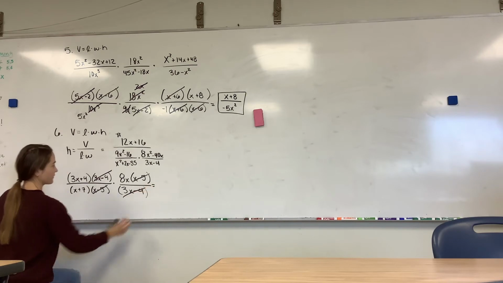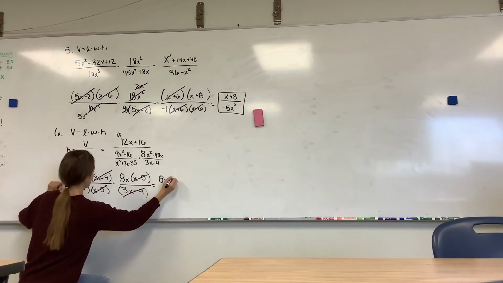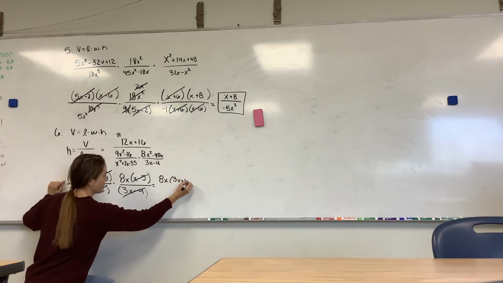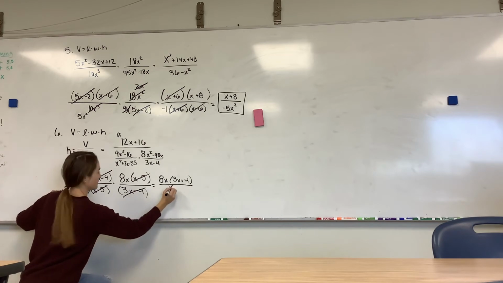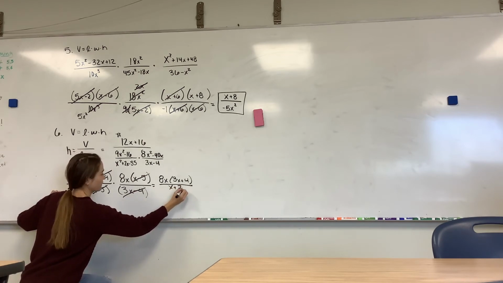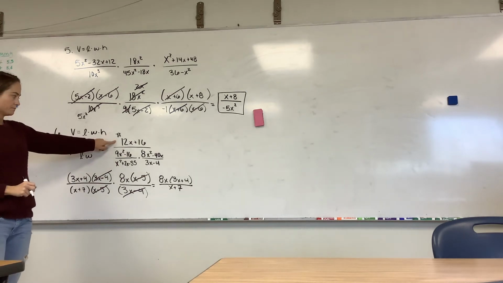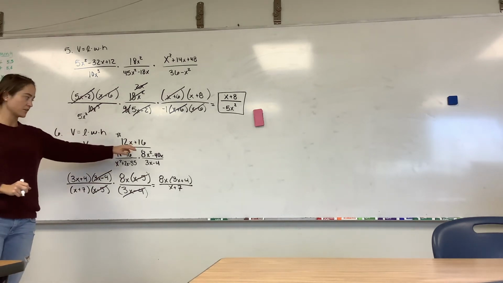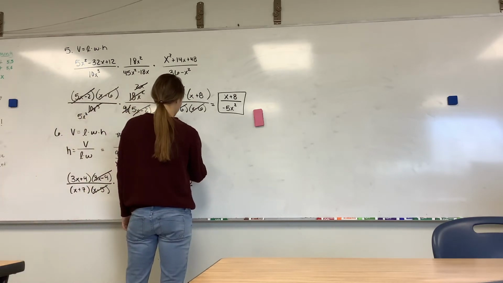And it looks like for this denominator part, I am left with 8x times a 3x plus 4 all over x plus 7. So now I can take this 12x plus 16, turn that into 12x plus 16 over 1.